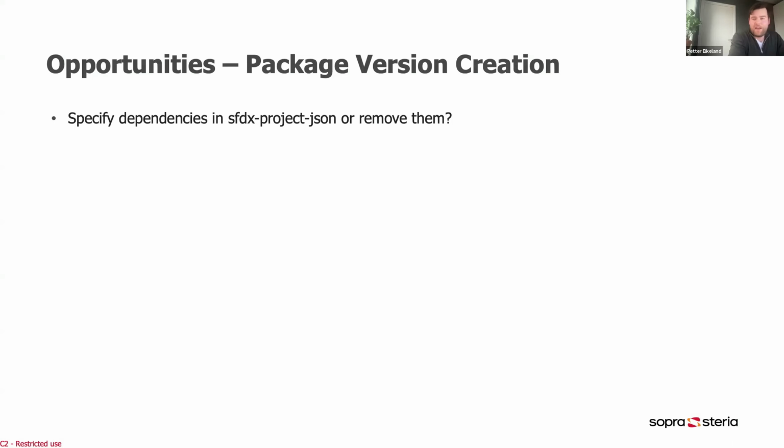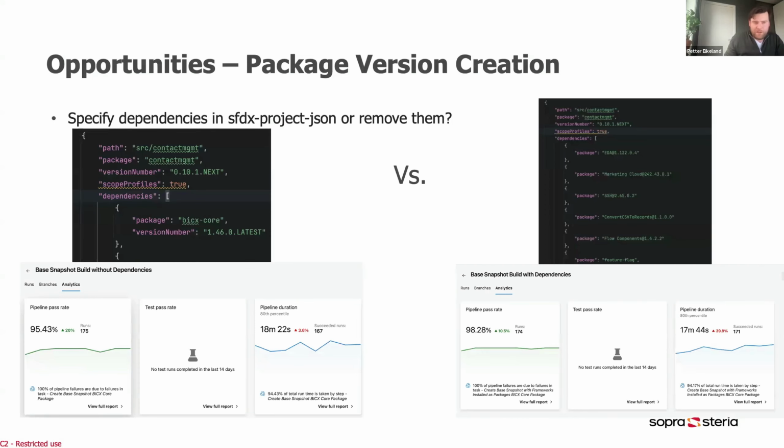So is it then necessary to specify them, as you can see on the right-hand side, or should you just remove them because they're really not dependencies since you have them in your build org? As we can see here, there's really no difference. I ran many runs, 160 runs on both of them, and I see no major difference in performance between listing the dependencies and removing them.